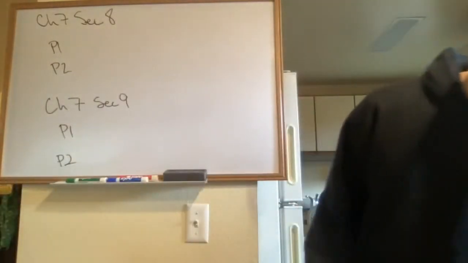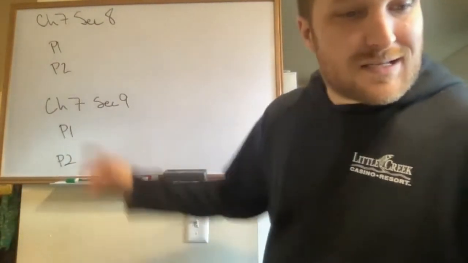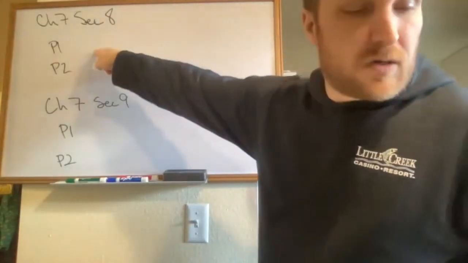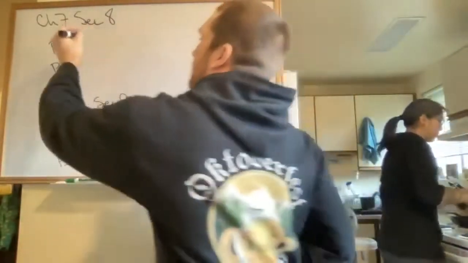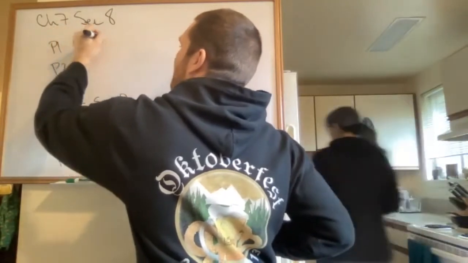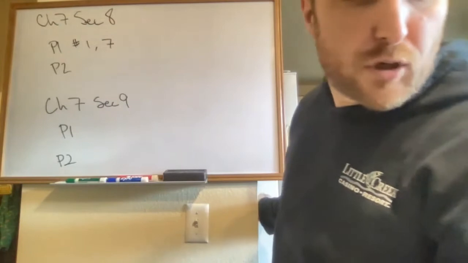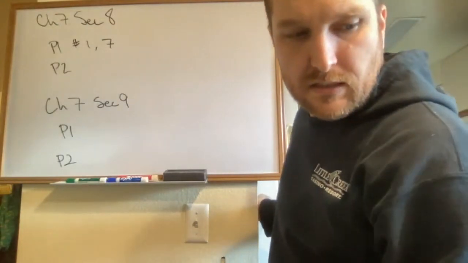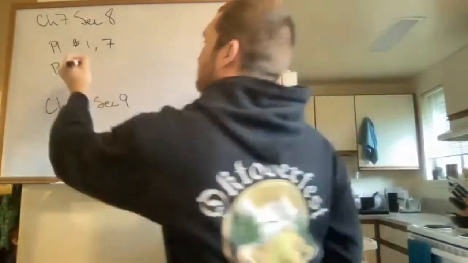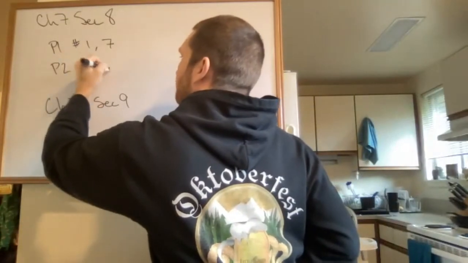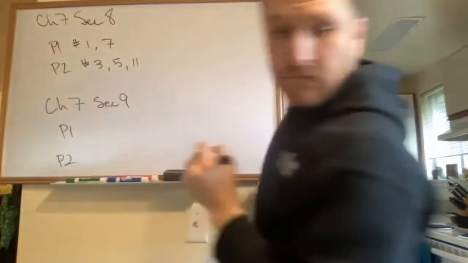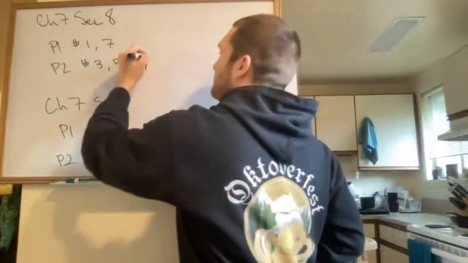So 7.8, part 1 is just numbers 1 and 7. Part 2 is 3, 5, 11, 13, 15.